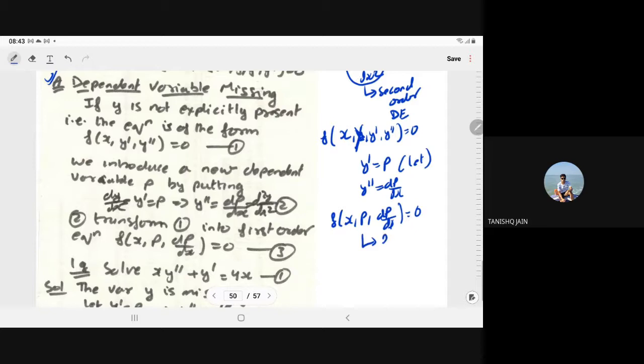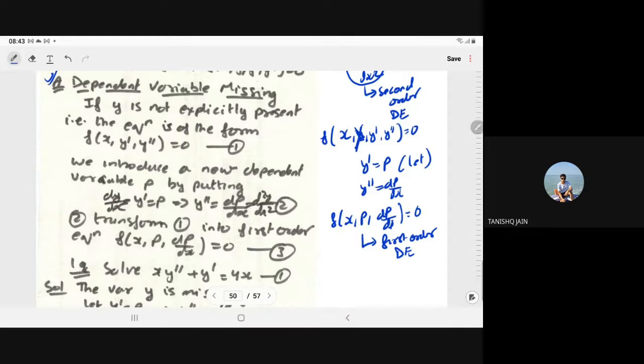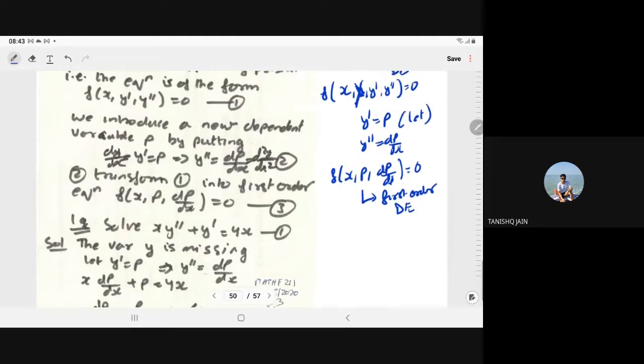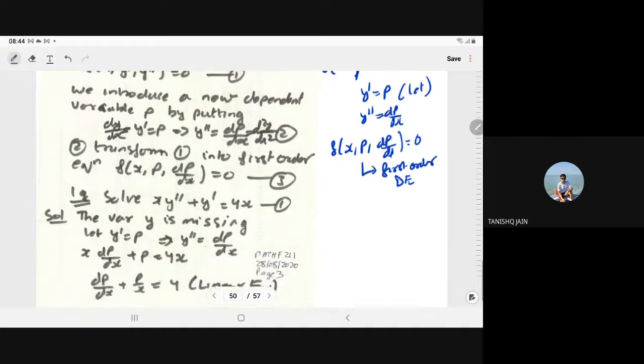This is a first order differential equation, and you can solve it by the known methods of first order differential equations. Clear? Whatever you have studied till now about first order differential equations, any method you apply, you will get the solution in terms of p, and that p is nothing but dy by dx. So you solve again.